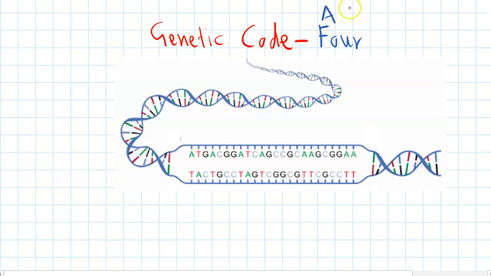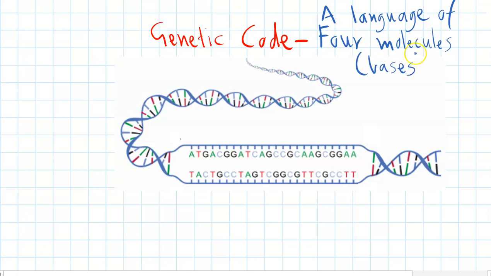So basically, it's a language. A language of 4 molecules, which are called bases. And just these 4 different molecules, depending on their particular arrangement, has enough information to control everything that a cell does, from growing to reproducing and to surviving.